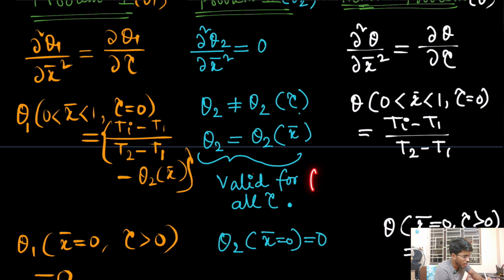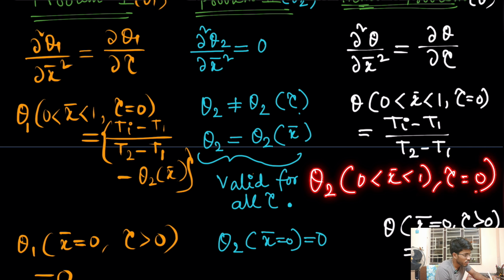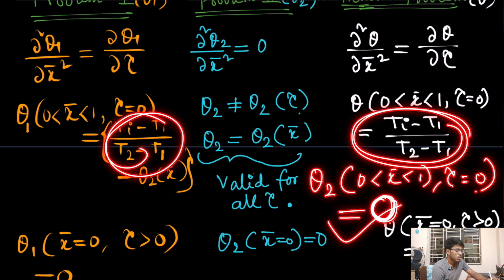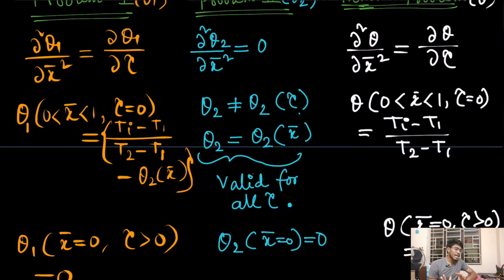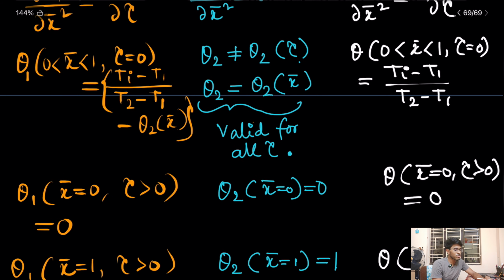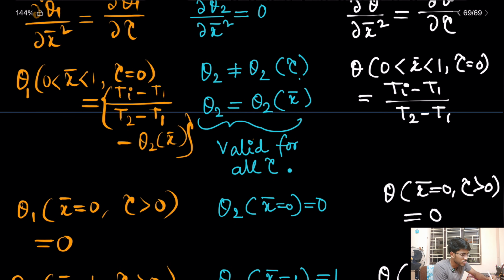Then you could have written your initial condition for theta 2 as tau equal to 0 as 0, because 0 plus this one is equal to this one. So that is also a correct breaking of the problem. But again, that is okay, because there is 0, there is no problem.